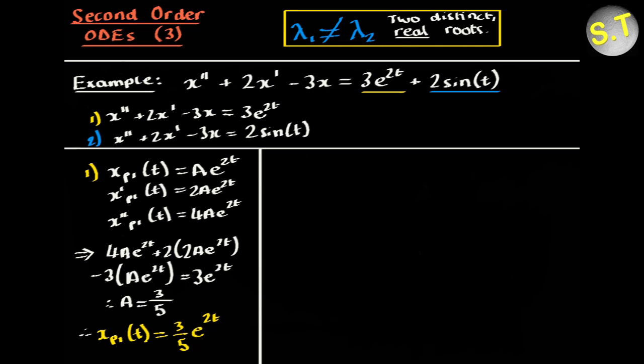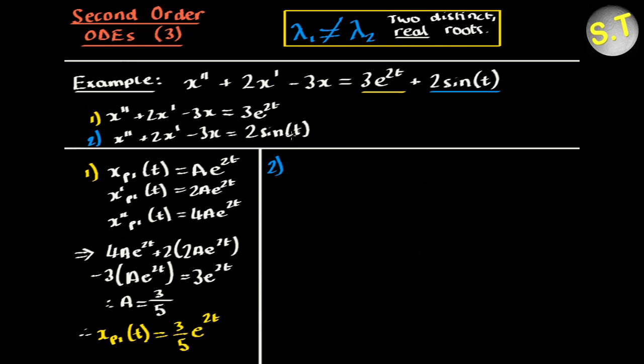And as I mentioned at the start of the video, since the right hand side of this equation is non-homogeneous and it's a superposition of two different values, that means we also need to find our second particular solution so that our solution is also a superposition.